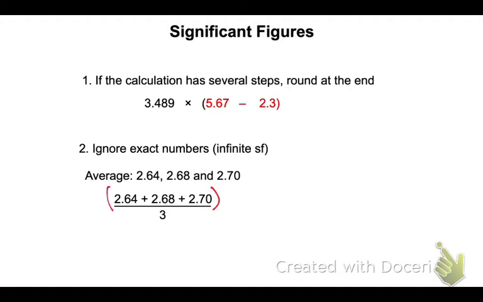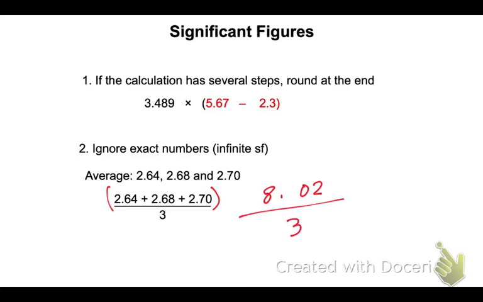So this is the addition. You have to keep 2 decimal places. So if you are adding 2.64 plus 2.68 plus 2.70, you're gonna have 8.02. I kept 2 decimal places, divided by 3.